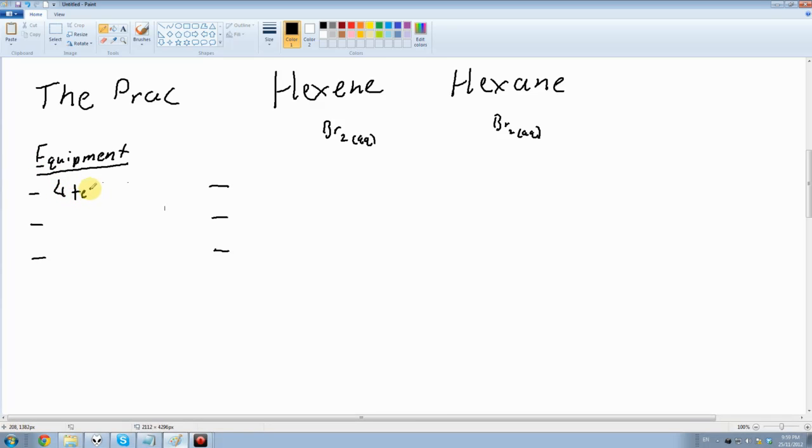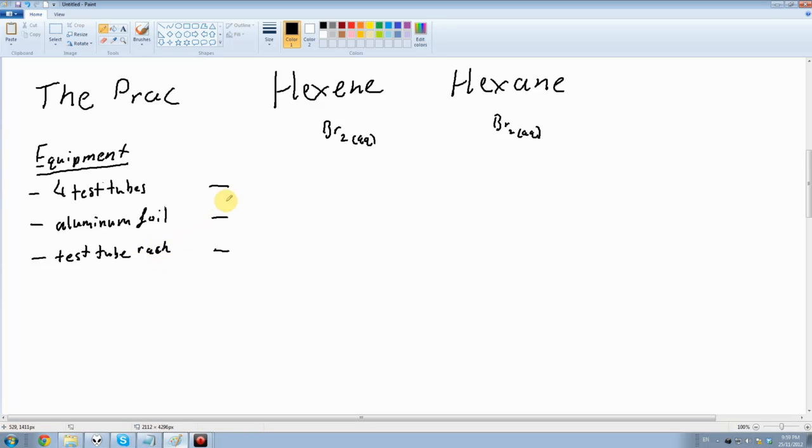Our equipment list was 4 test tubes. We used aluminium foil. I'll tell you why we use these all in a second. We used a test tube rack. Got to include that. You can use it as part of your risk assessment, maybe.